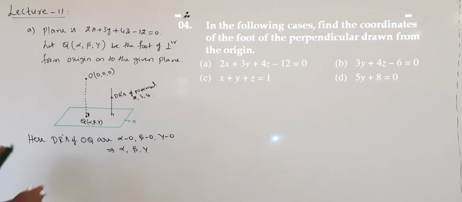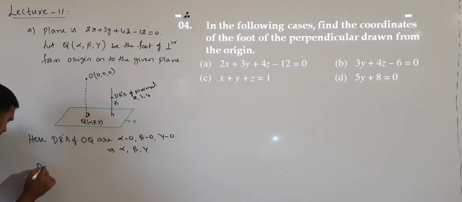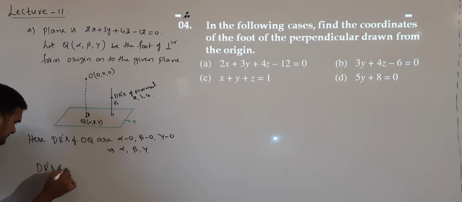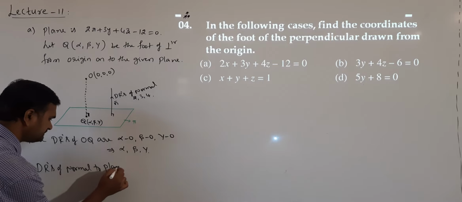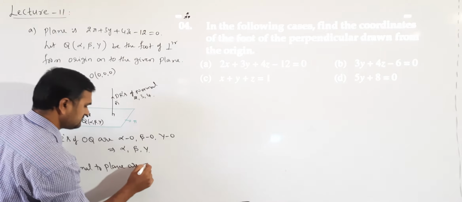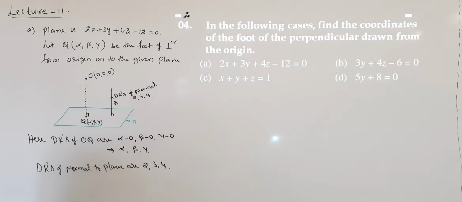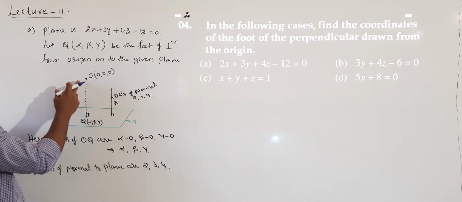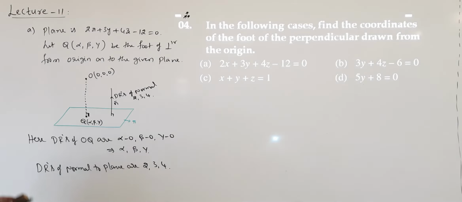Next, the drs of the normal vector to the plane. What are the drs of the normal to the plane? It is 2, 3, 4.